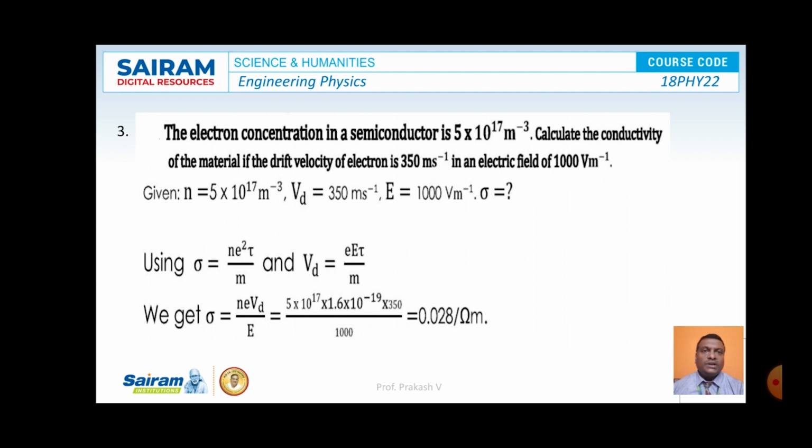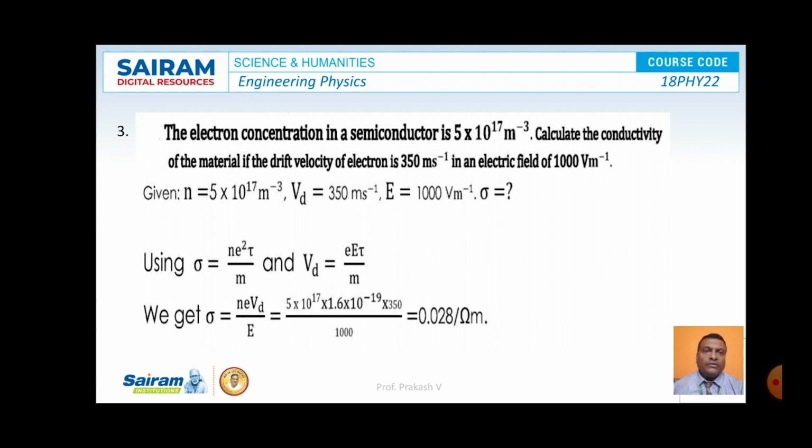We know that sigma is equal to N e square tau by m, according to quantum free electron theory. Further, the drift velocity Vd is given by E into e tau by m, where capital E is the strength of the applied field, tau is mean collision time, m is mass of the electron, and e is charge on the electron.